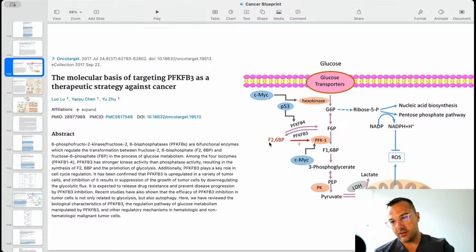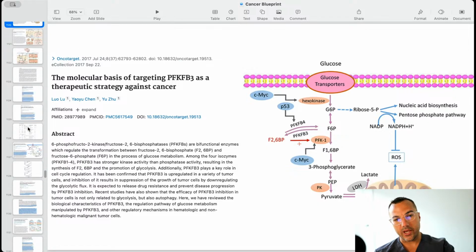And this fructose 2,6-biphosphate is activating PFK to allow that glucose to be further metabolized down to pyruvate and lactate subsequently. So what we're effectively trying to do is take this enzyme that converts this 2,6-BP and shut it down so it can't activate PFK.